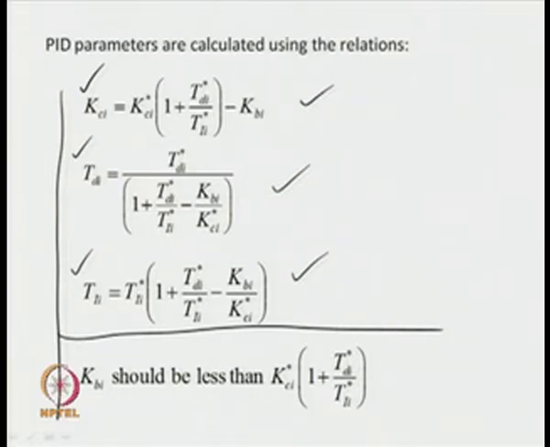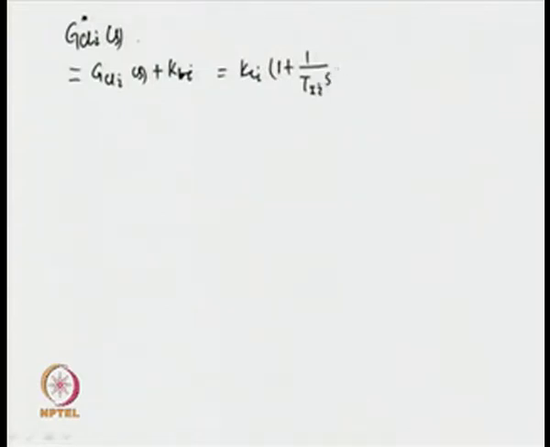One can find out these relations, starting with the new PID controller expression, which is given as GCLI star S is defined as GCLI S plus KBI, which is equal to KCI times 1 plus 1 upon TIIS plus TDIS plus KBI.